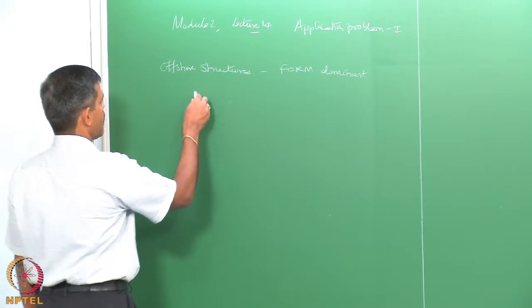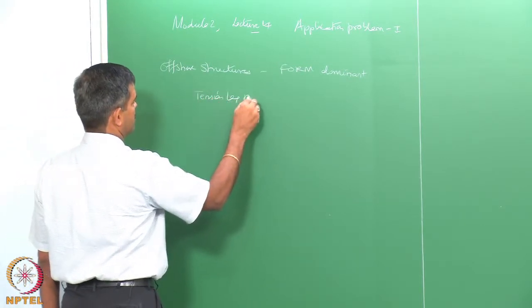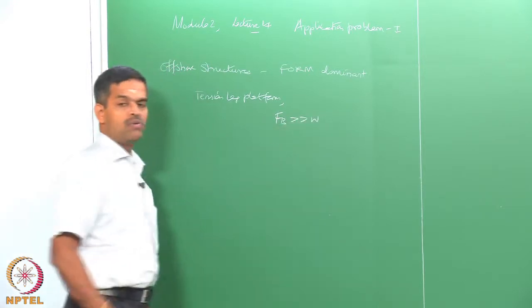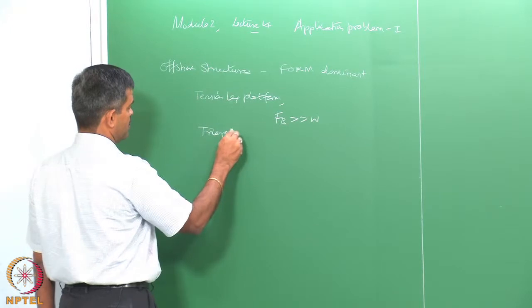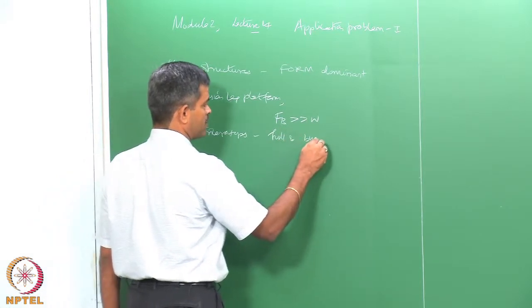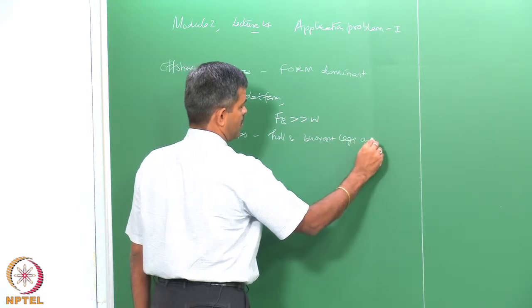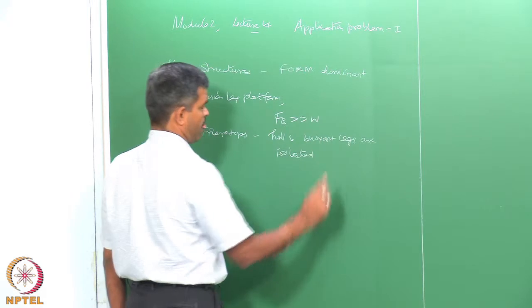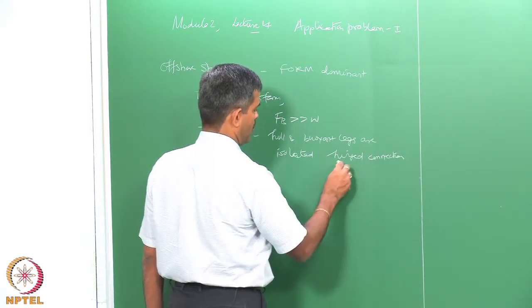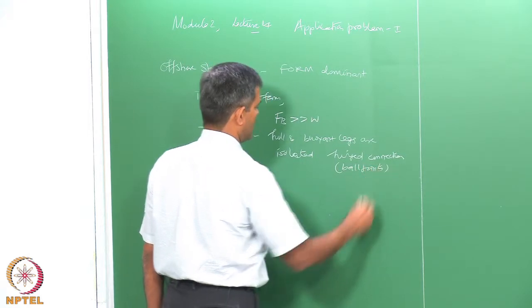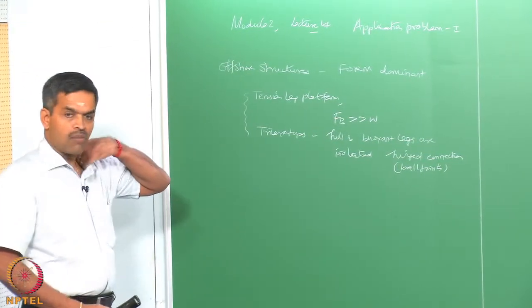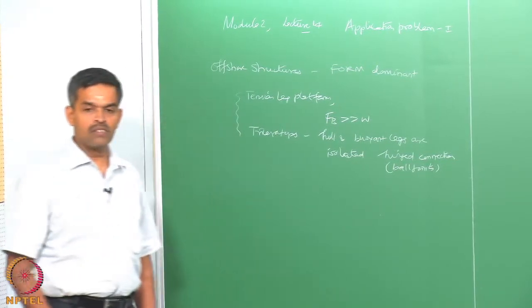I can quote some examples, starting from new generation platforms like tension leg platform, where buoyancy exceeds the weight by a large amount, triceratops, where the top side hull and the buoyant legs are isolated using hinged connections, or let us say ball joints, etc. So, there are classical examples in the literature which show that the recent development of offshore platforms are more form dominant than they are function dominant as used to be earlier.